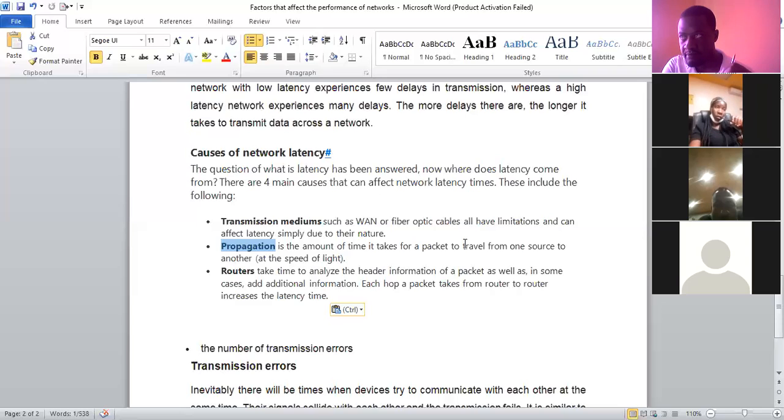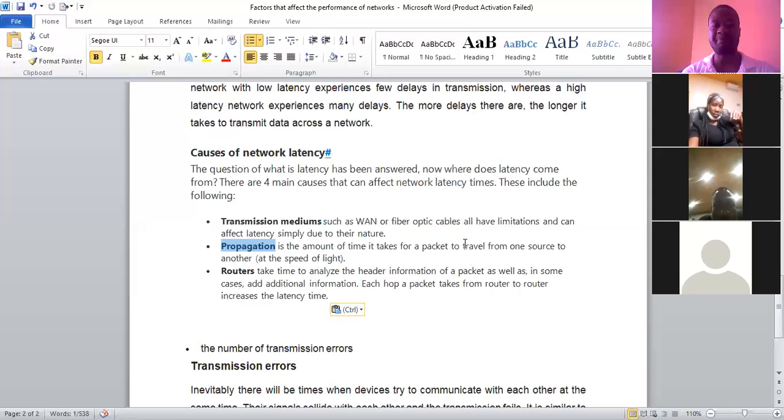I think that's what propagation means. Yes. Okay, so you are saying propagation is the assembling of the data packets when they arrive at the destination, each one on its own. So the time it takes for all the packets to reach the destination and be assembled. Okay, yes, you are correct.